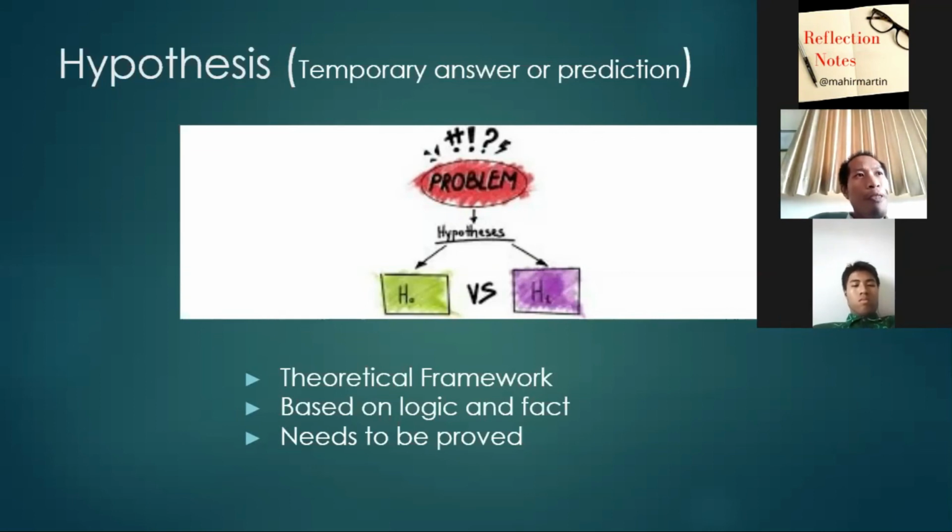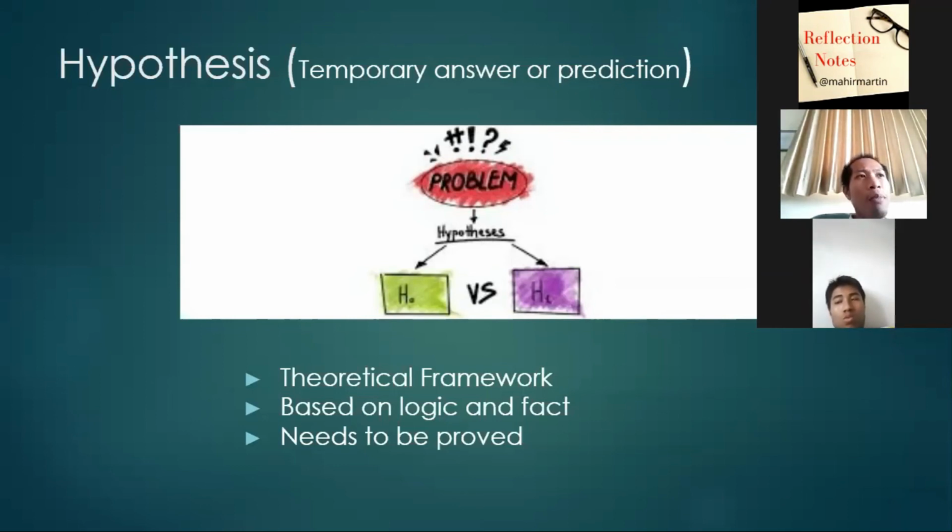But of course, before I came to the hypothesis, I have to know first, what is corrosion? Theoretically, you have to know the theoretical framework of this problem. What is corrosion? What is water? If I'm saying that the cause of the corrosion is water, I have to know what water is. So I have to know these two things beforehand.